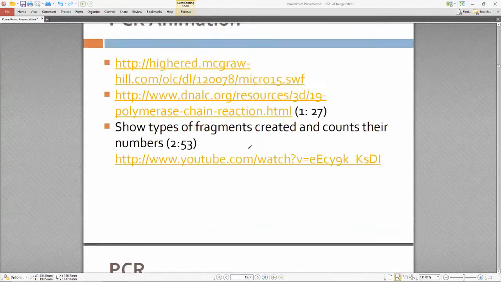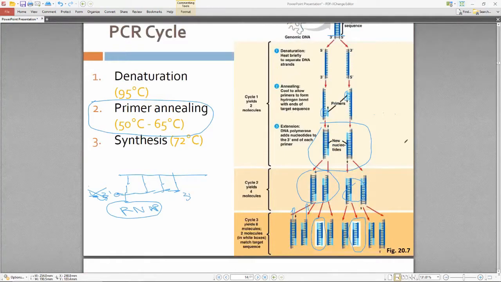So let's look over here, at cycle 2 specifically.